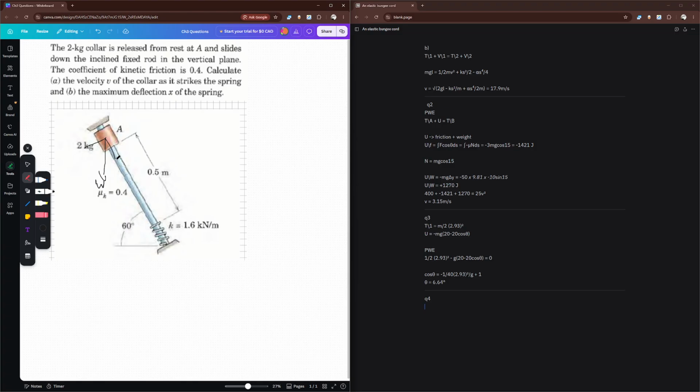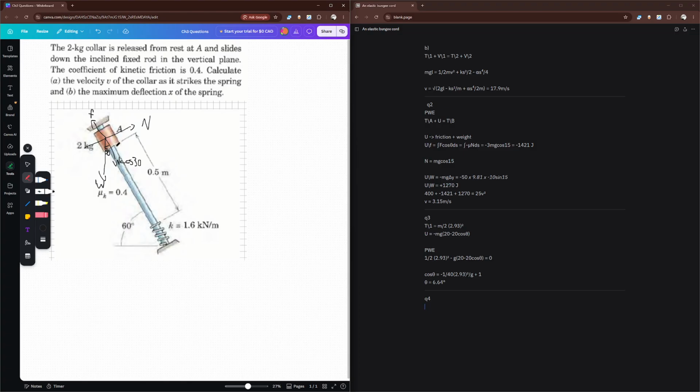We're going to have the normal force that comes from the rod onto it, and we have friction pushing back like this, little f for friction, right? This is W. This is 30 degrees here. So this is W cosine 30. Okay, there's our free body diagram.